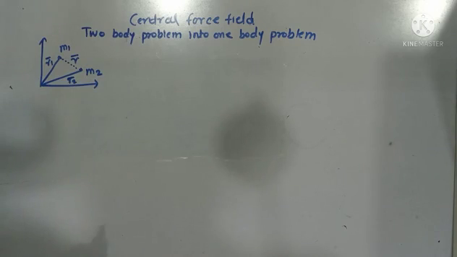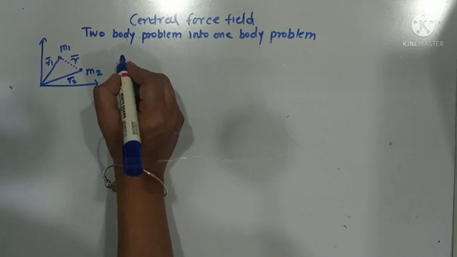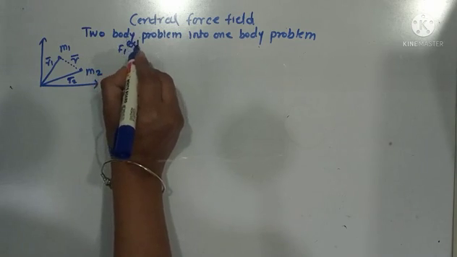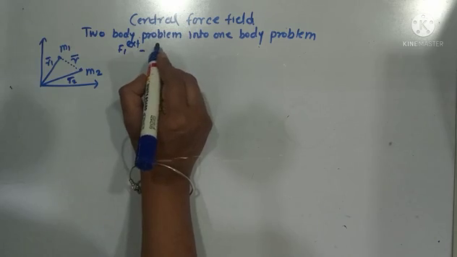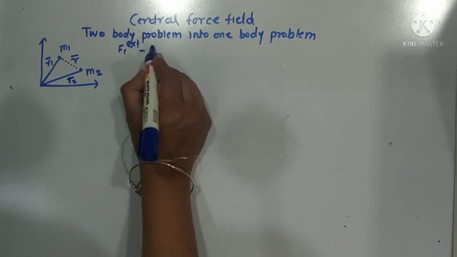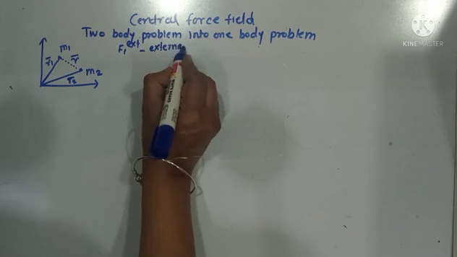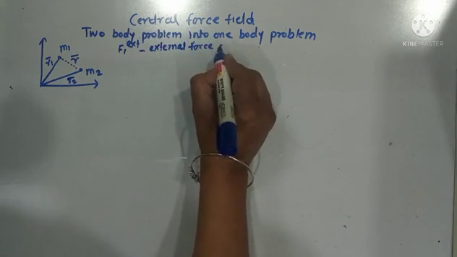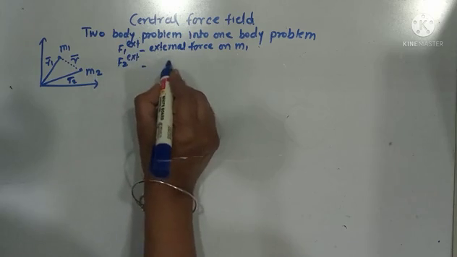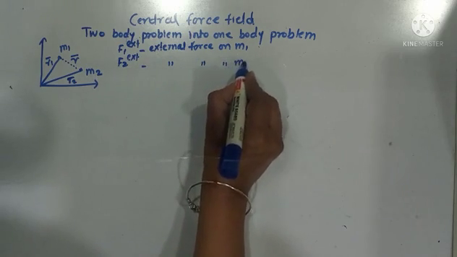Okay, now two types of forces are acting on m1 and m2. The first one is the external force and the second is the internal force. Let us name these forces. Let F1 external be the force acting on the mass m1 externally. Okay, F1 external is the external force on m1. Similarly, F2 external be the external force on m2.